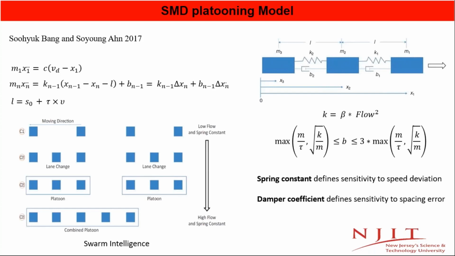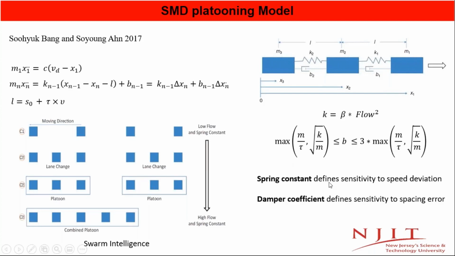The spring mass damper model actually has a long history in physics, but the model which we started from was developed in 2017. This model is based on basic physics rules. Each vehicle in this model is considered as a mass which is connected to other vehicles by a spring and damper: a spring constant and a damper coefficient.